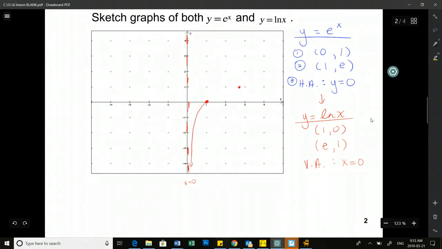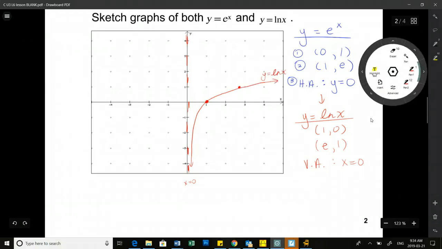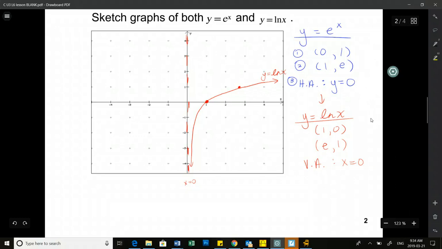I'm sketching the ln of x right now. Okay, so there's our two graphs.